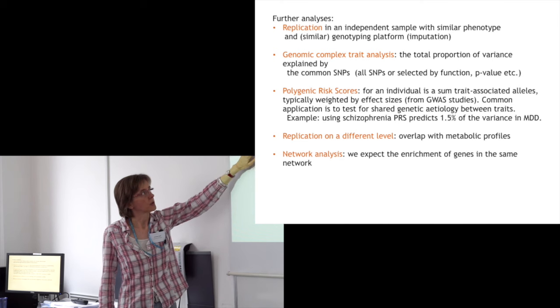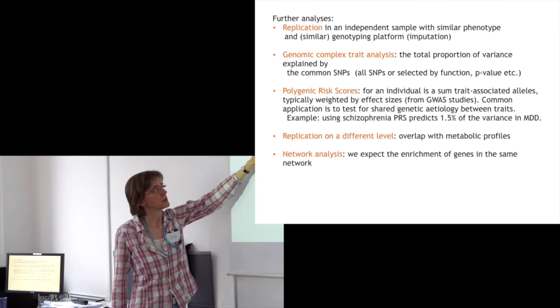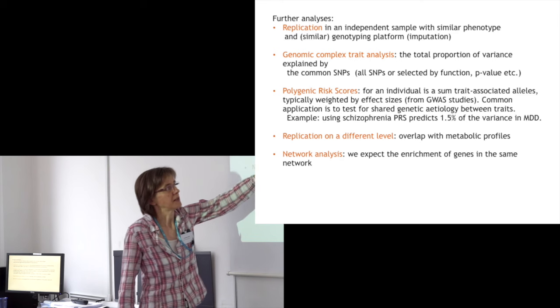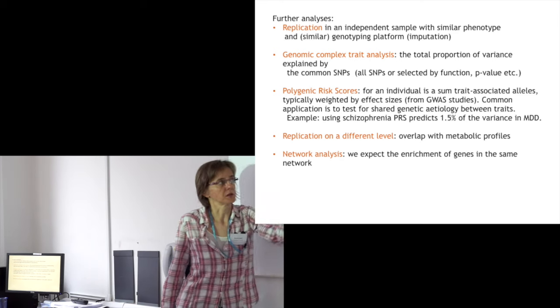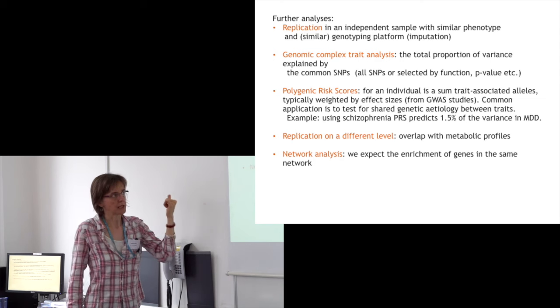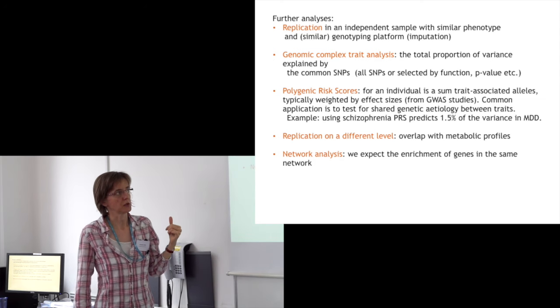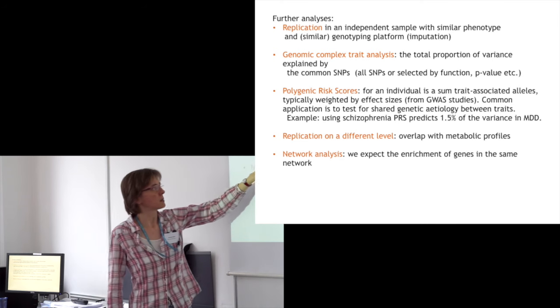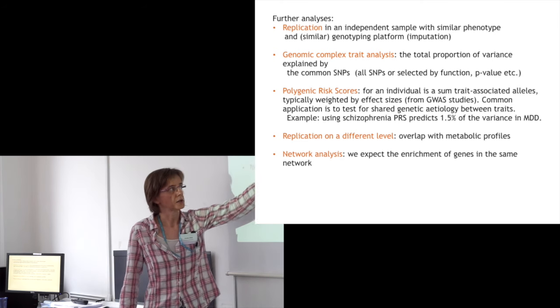There was a study using schizophrenia polygenic risk scores, and they found that it predicts 1.5% of the variance in major depression, which doesn't seem like much, but given what I said about the major depression GWAS before, it's quite impressive.